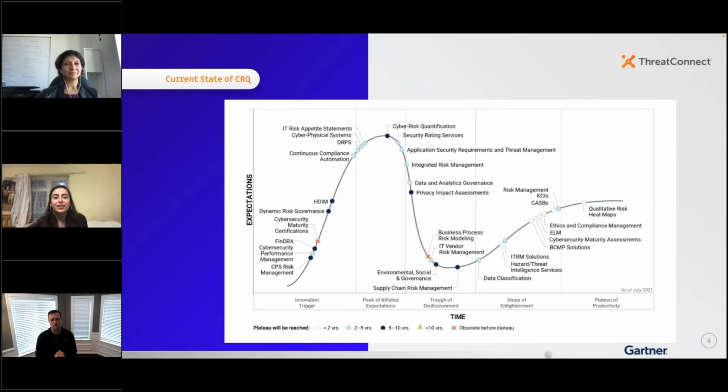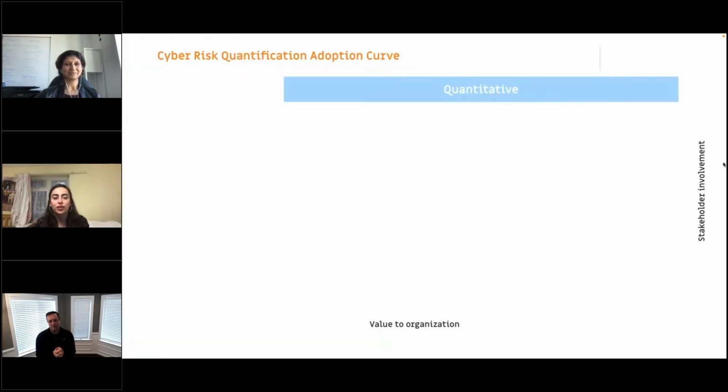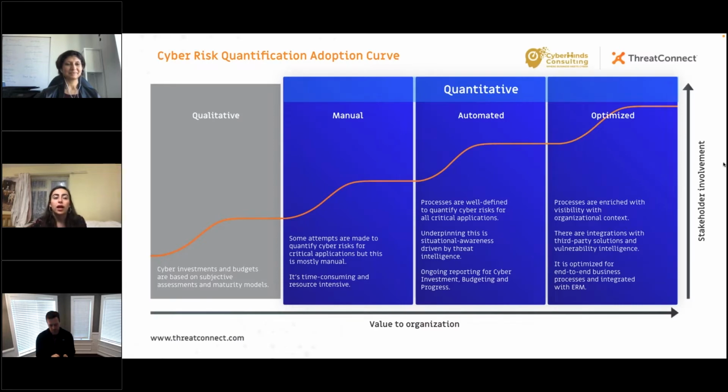Next slide, I guess. Hear more about these customer experiences, so we'll try and sprinkle these throughout. But before we do get into that, I think it's important to touch upon the adoption of cyber risk quantification so far. So as you can see here, traditionally organizations have measured risks using qualitative methods and are now transitioning to the quantitative.